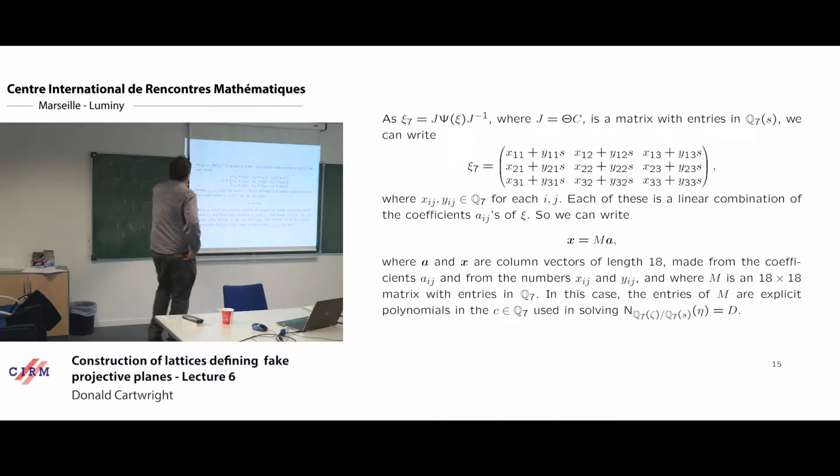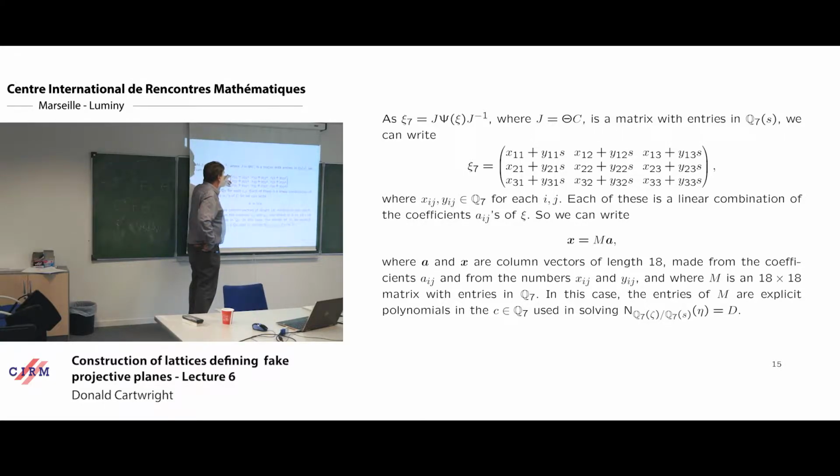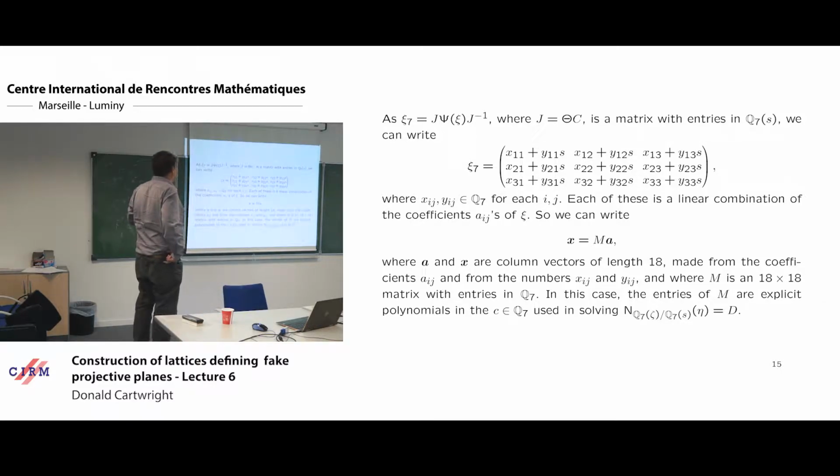So that's what zeta 7, psi 7 looks like. And you see it's got entries in this matrix, in this field. So that means its entries look like this, where the xij and yij are numbers in Q7.